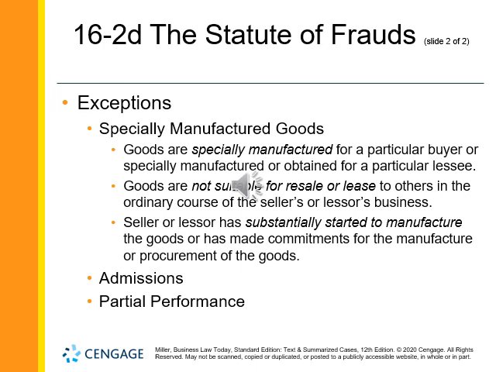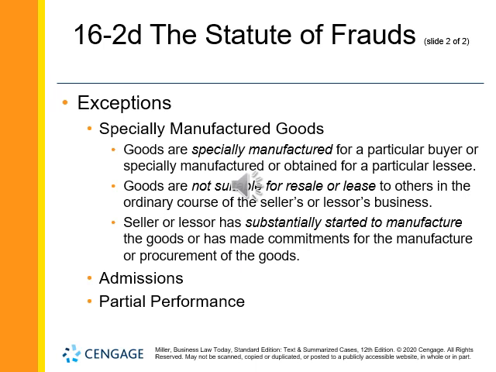For specially manufactured goods, an oral contract is enforceable if it is for goods that are specially manufactured or obtained for the buyer or lessee. Those goods are not suitable for sale or lease to others in the seller's or lessor's ordinary course of business, and the seller or lessor has substantially started to manufacture or otherwise obtain the goods.